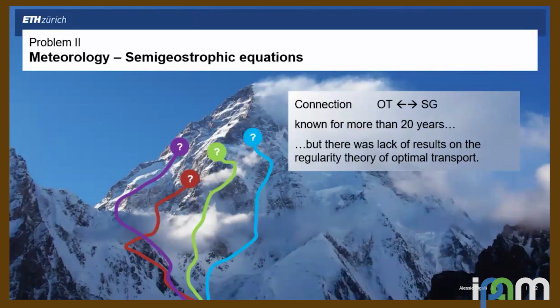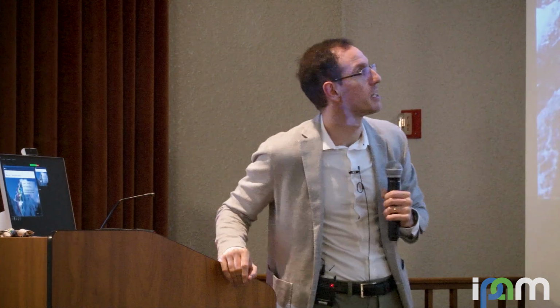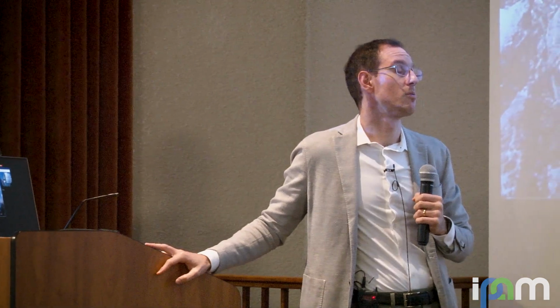But something was missing. There was a problem on a theorem regarding the regularity of optimal transport maps. So this kind of pairing that tells you x goes to y. That was missing in order to really apply that. I remember when this problem was first proposed to me by one of my two PhD advisors, Luigi Ambrosio.